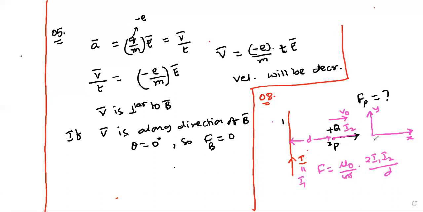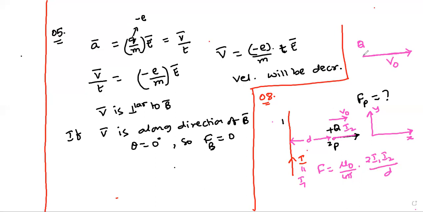Now we are having that the motion of the particle of the charge q is having a velocity parallel to the x-axis.